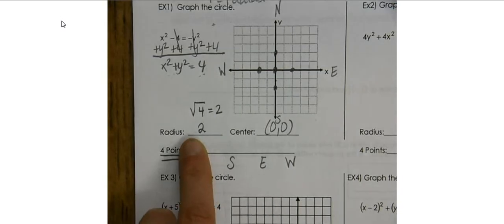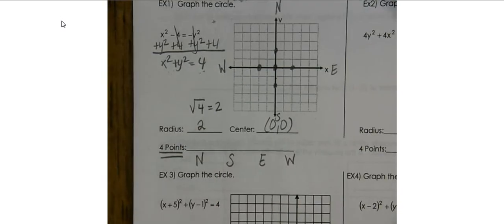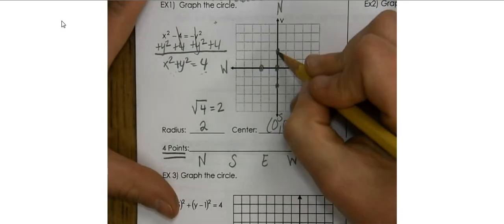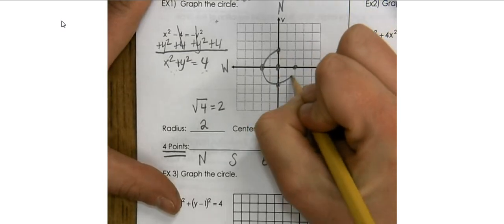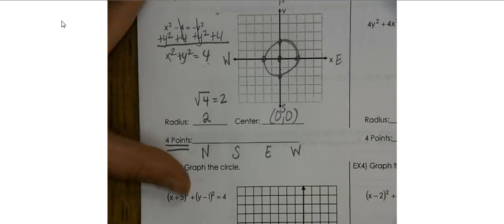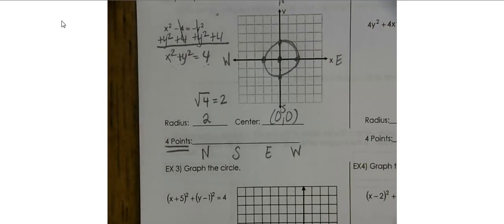That's how you come up with four points to graph a circle. So I always count my radius up, down, left, and right, and come up with ordered pairs. Then I draw a smooth circle going through all of those points.